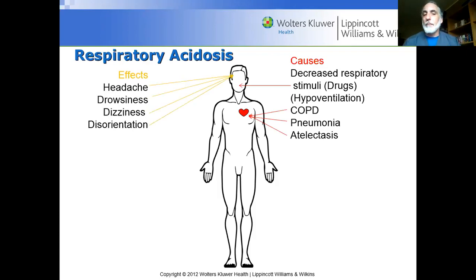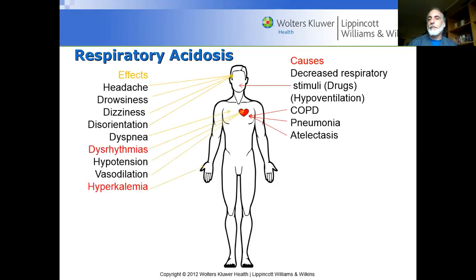Let's look at the effects. Headache, drowsiness, dizziness, disorientation. This is for acidosis. Dyspnea, difficulty breathing, which may be a cause as well as a symptom. You're going to see changes in respiratory rate. So consider that, in compensation, if you're in an acidotic state, it could more likely be metabolic acidosis.